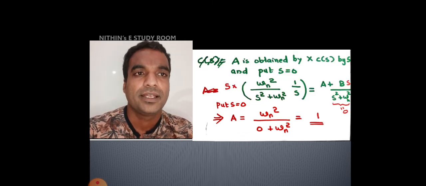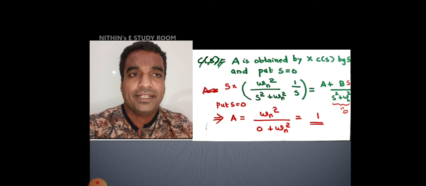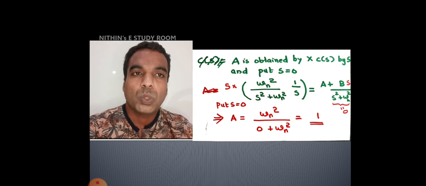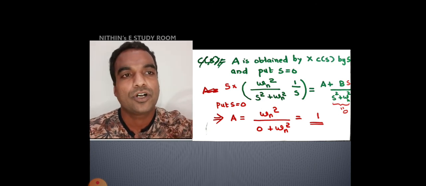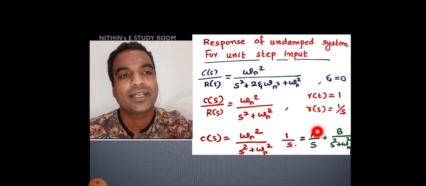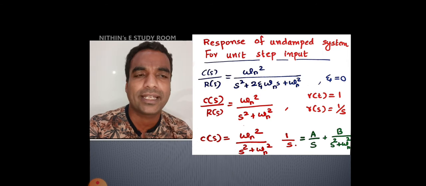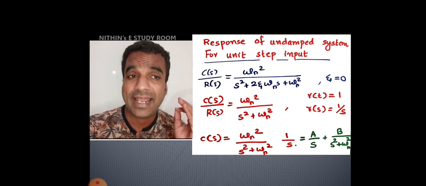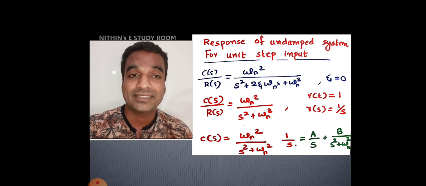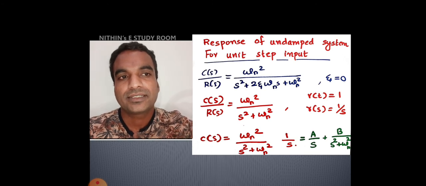Now, a is obtained by cross multiplying all terms by the denominator of a. Here the denominator of a is s. So for finding a, you have to cross multiply all terms with s and then put s equal to 0.